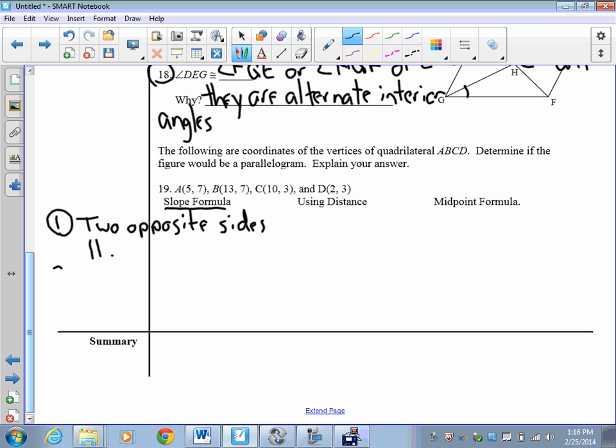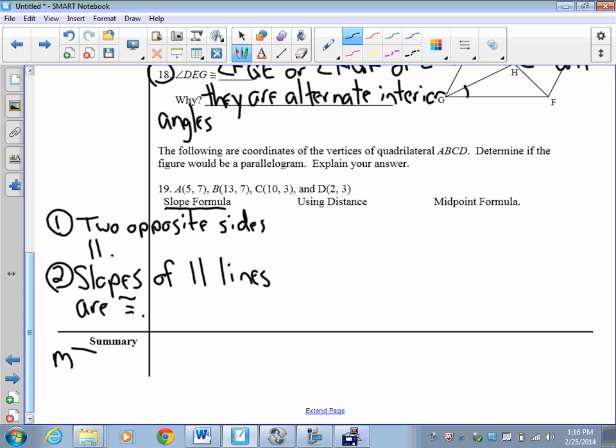And remember, the slopes of parallel lines are congruent. So that would mean that the slope, remember the slope is abbreviated M. Well, that's not a really good thing because you might confuse it with measure.